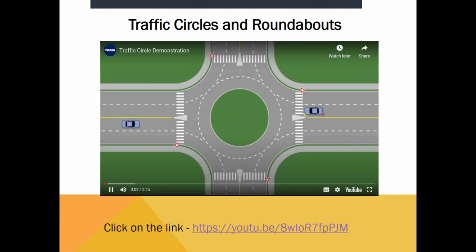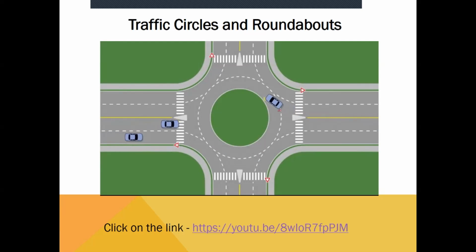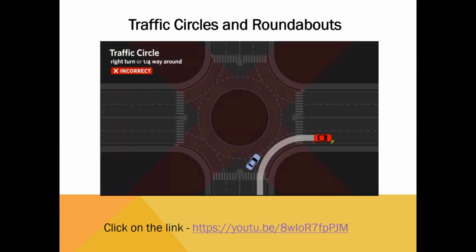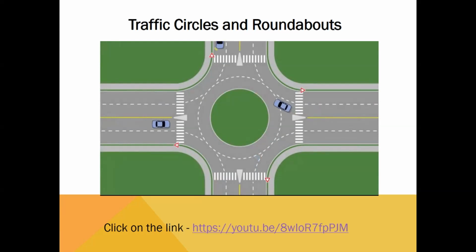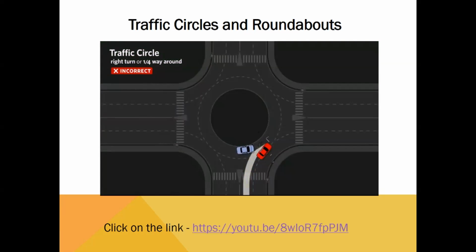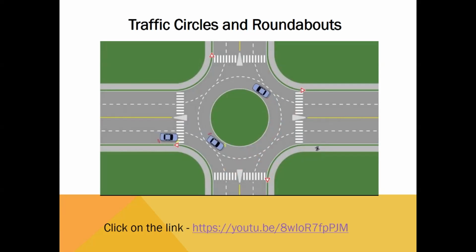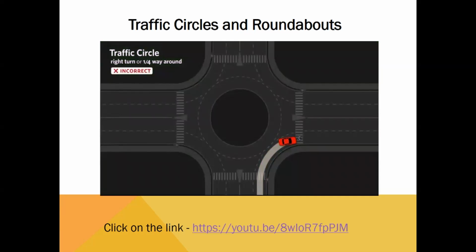In a traffic circle, some common mistakes when turning 1/4 of the way around are entering into the circle and not yielding to traffic in the circle, making a right turn from the left or inside lane, exiting the circle and not yielding to pedestrians at crosswalks.